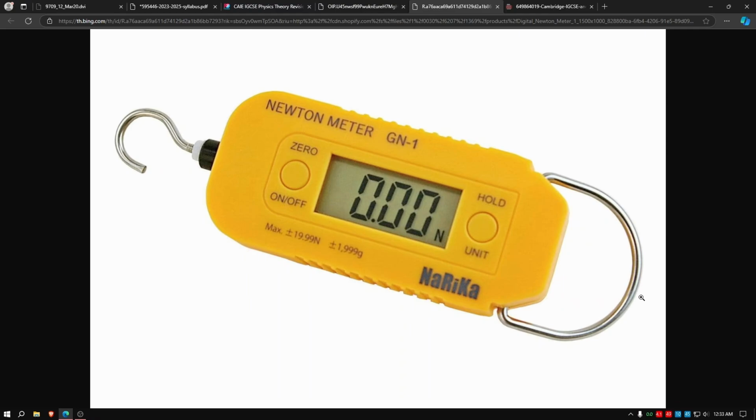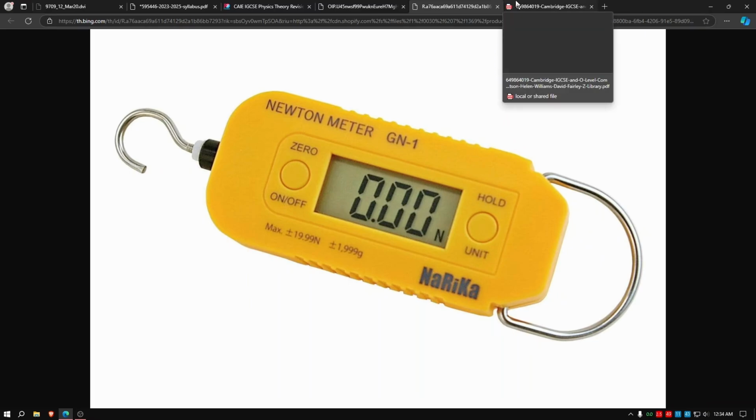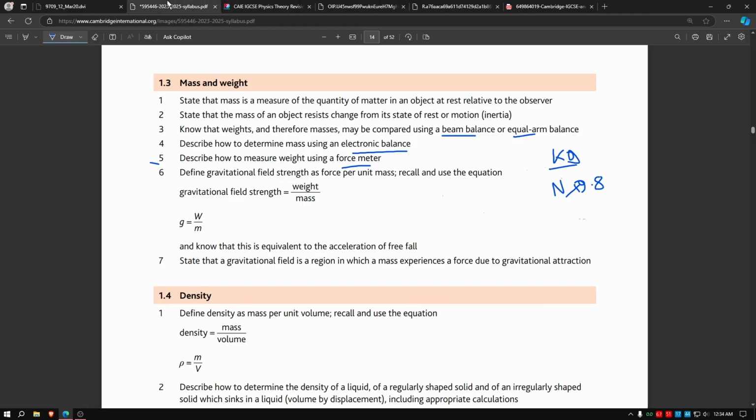The rope will be pulling the meter on one side, and the nail will pull the meter upwards. So then this meter will measure how much force the weight is pulling. So this is how you use this Newton meter. And obviously it will give out a reading in newtons, which is force. And you already know that force is a bit different than mass.